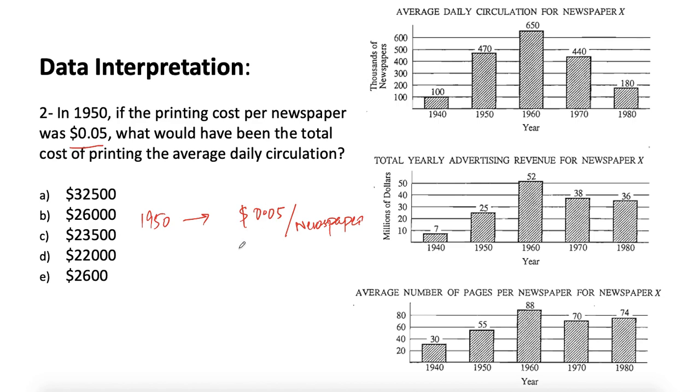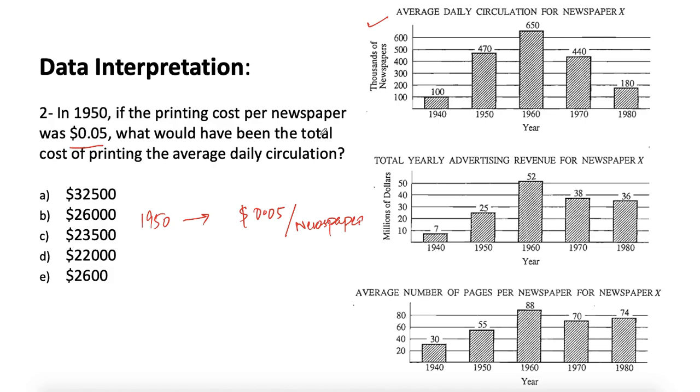If I want to get the total cost, I need to multiply this with the total number of newspapers, which we get from the first graph, that is average daily circulation for newspaper. If we multiply with that, newspaper cancels out and we get the possible answers in dollar form.